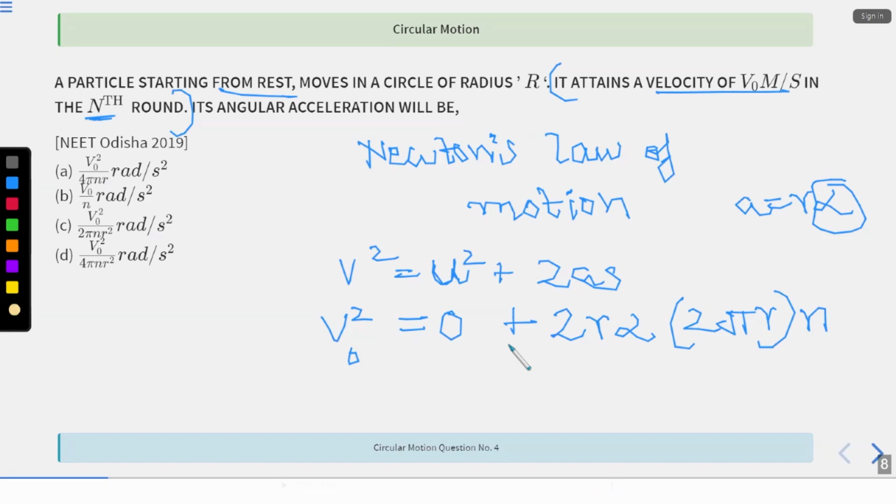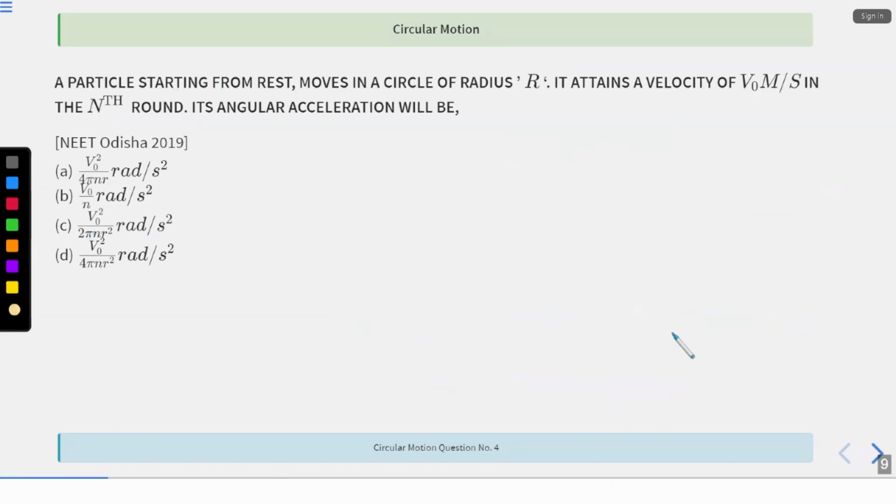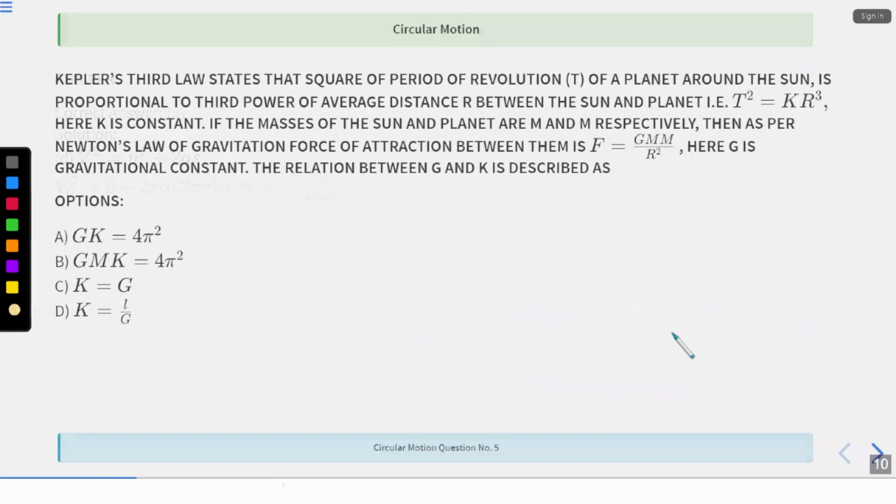And with this, you'll get v naught square by 4 pi n r square. So that is our option D. Here you can see how close the options are. At times we might just pick option A because there is an r and then there's an r square. So we need to check the options pretty clearly, okay? So yeah, let's move on to the next question.